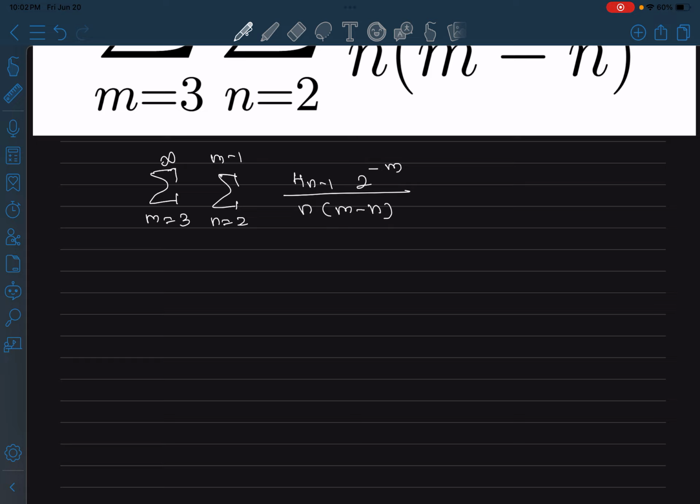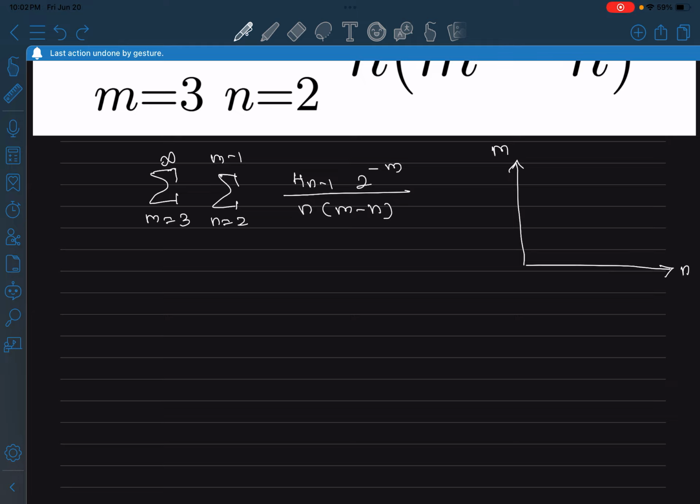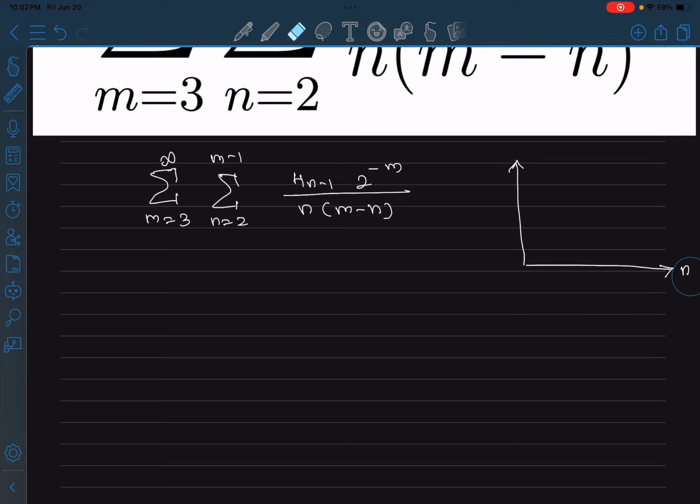So what you can do is check the domain in which it's being summed. Let me actually write the outer sum on the x-axis as m, and that's easier. First of all, m is going from 3 to infinity, and n is going from 2 to m minus 1.